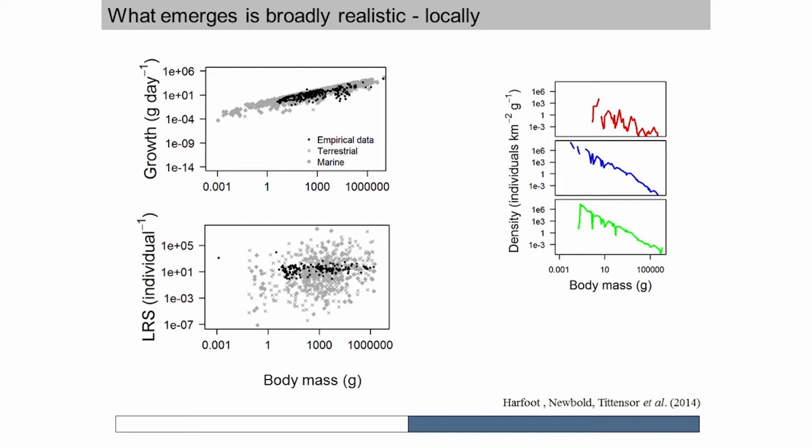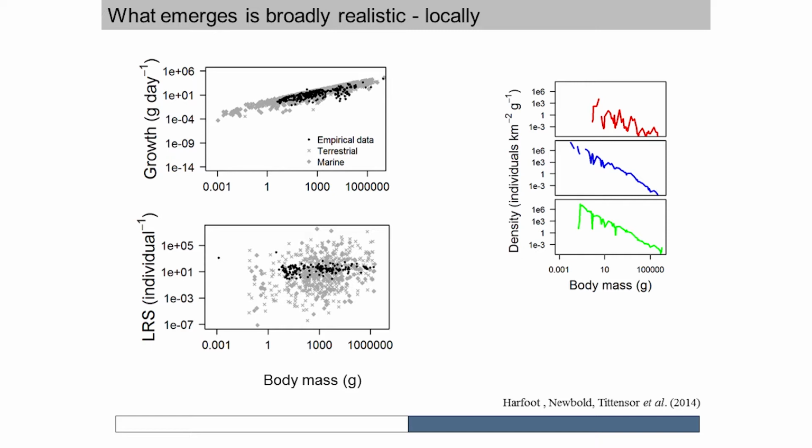So here we're looking at the level of individual organisms, at the growth rate of those individuals as a function of their body mass, and at their lifetime reproductive success as a function of body mass, where the grey points are model predictions from terrestrial and marine cells, and the black points are empirical data derived from the literature.